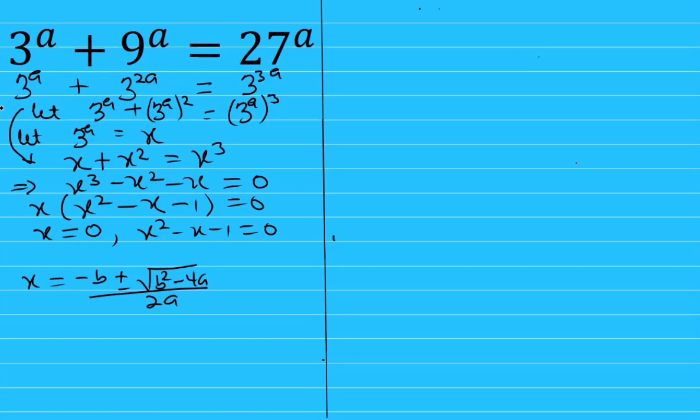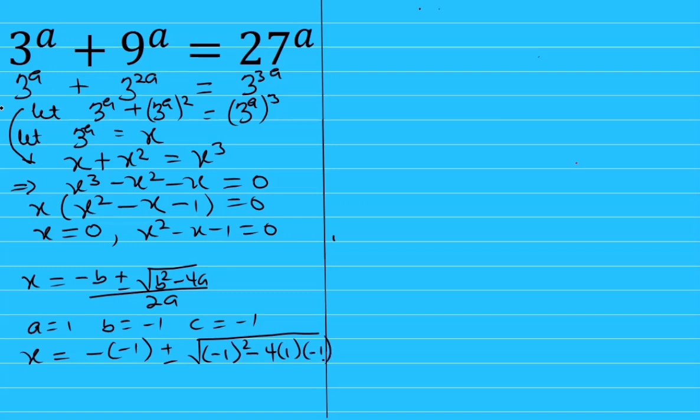Knowing very well that a is 1, b is -1, and c is -1, we can write x equals -(-1) plus or minus the root of (-1) squared minus 4 times 1 times (-1), all divided by 2. Eventually you're going to have x equals 1 plus or minus root 5 over 2.